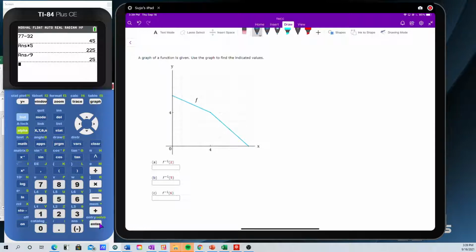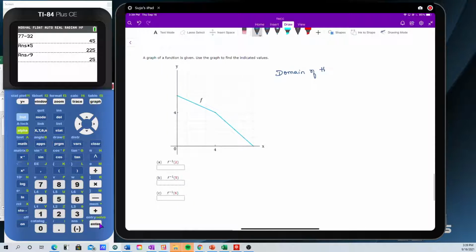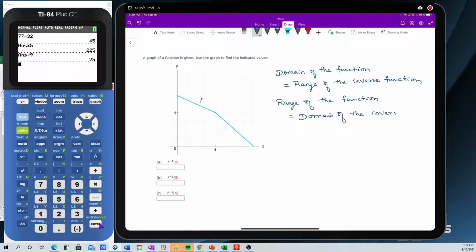Okay, so here one thing we know is the domain of the function is equal to the range of the inverse function, and the range of the function is equal to the domain of the inverse function.